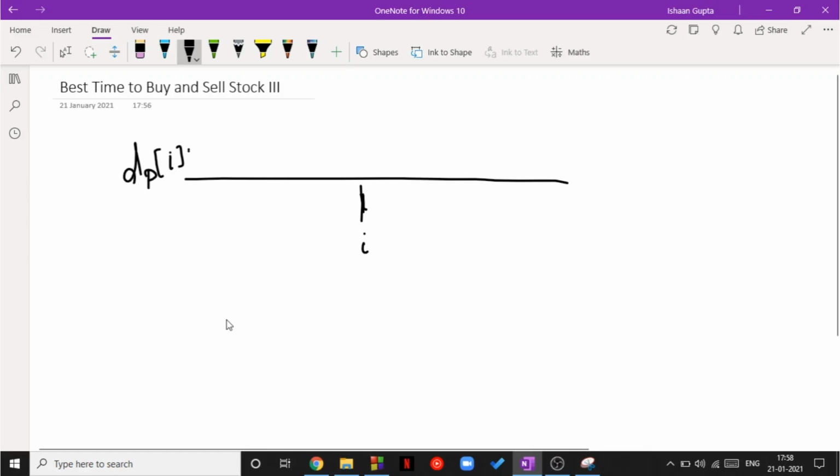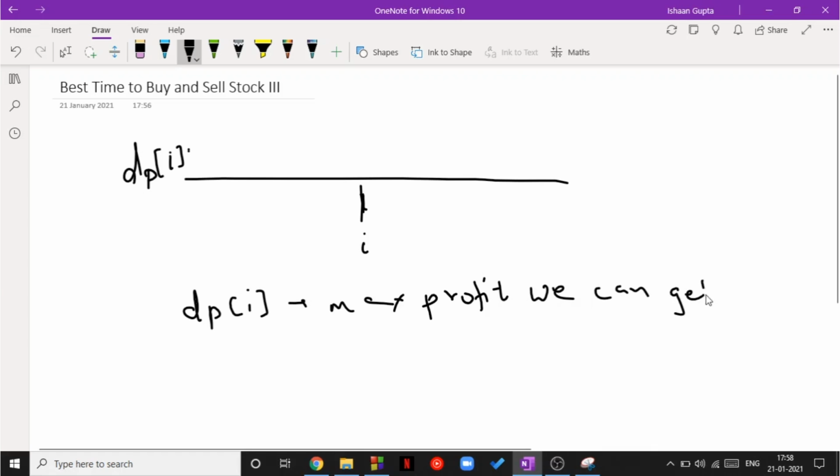So our DP of I gives the answer to what is the maximum profit we can get in the end of ith day.